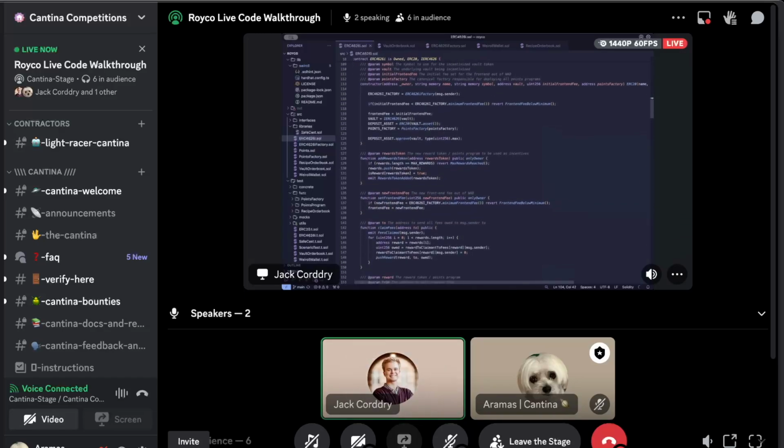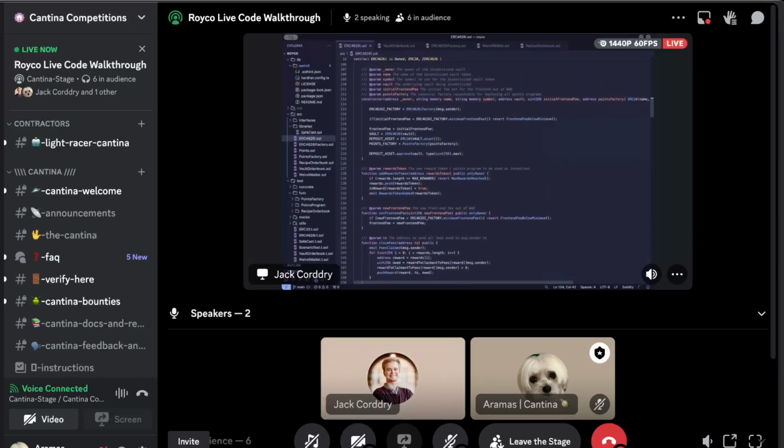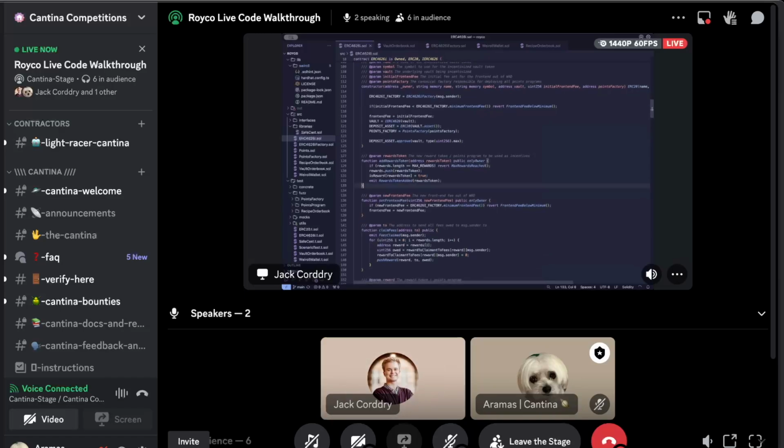And then this whole contract is owned by the deployer. So maybe Compound comes to Royco and they deploy this wrapper. Compound's now the owner of this, and they have permissions to add a new rewards token. So we can support any arbitrary tokens. If you wanted to say, okay, we're doing incentives in COMP, and now we're going to change it to some other token, you could add that here.